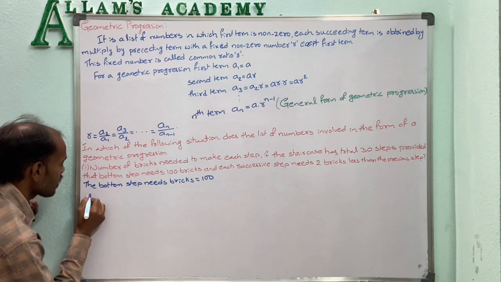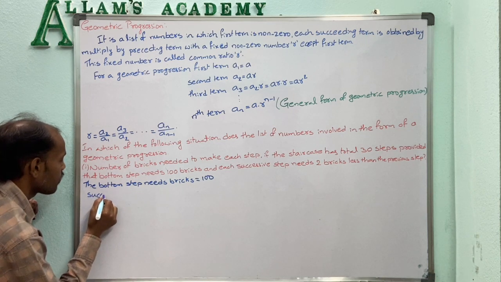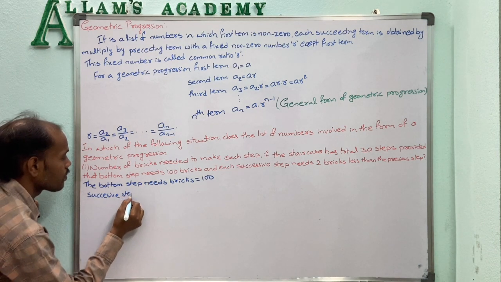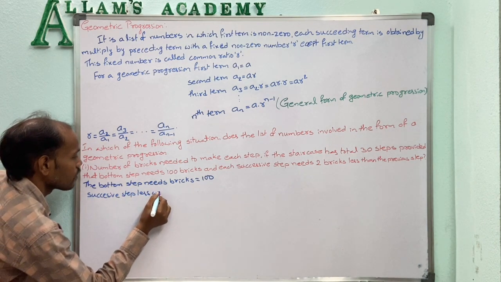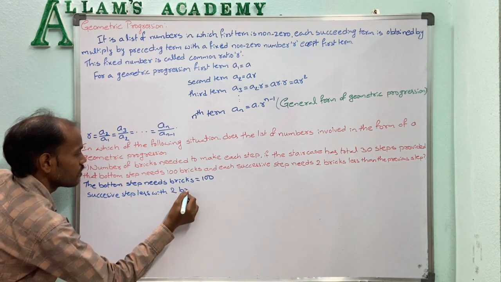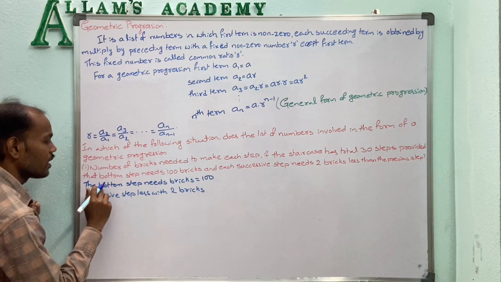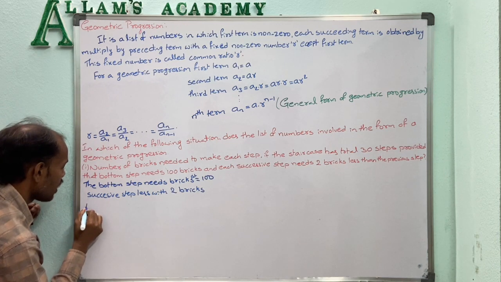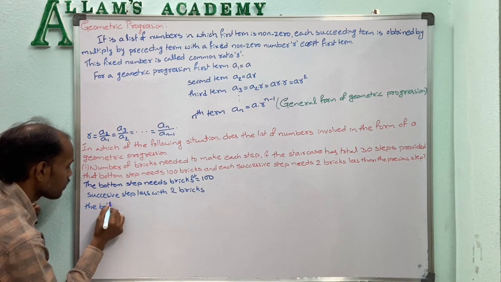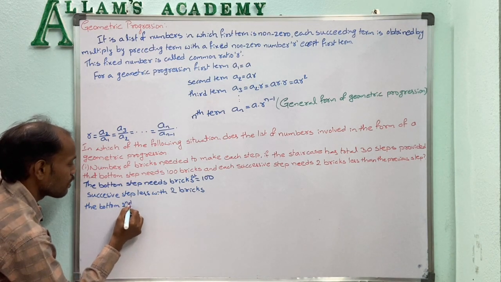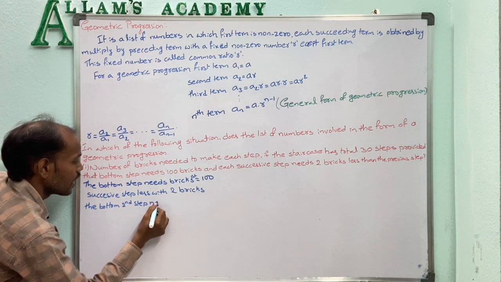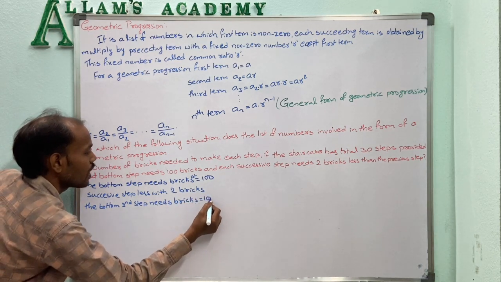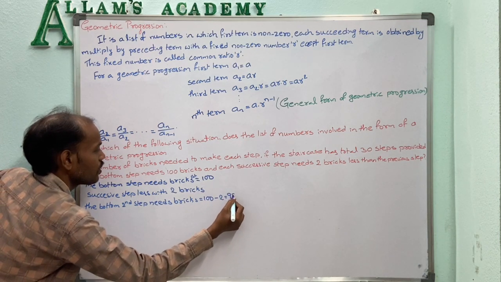For every successive step, 2 bricks less. So the second step needs bricks equal to 100 minus 2, which is 98.